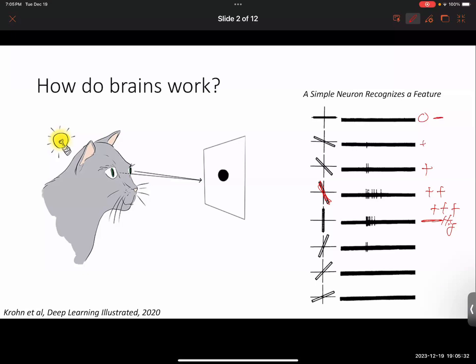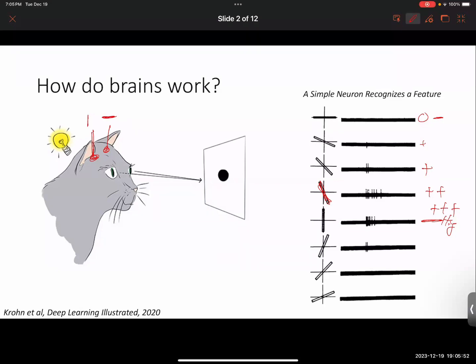And this is horizontal. But if we change which neuron we record, if we put one electrode here and happen to find a different neuron, this one is a vertical one, and the other one may be sensitive to the horizontal.